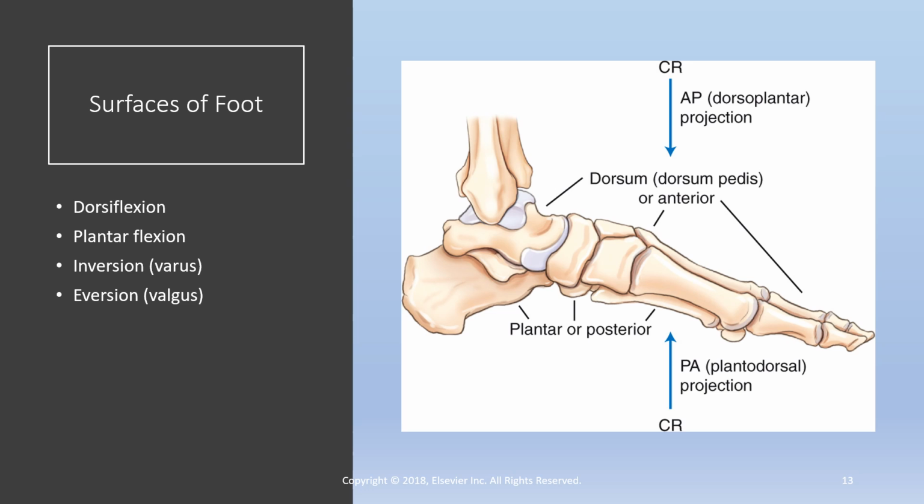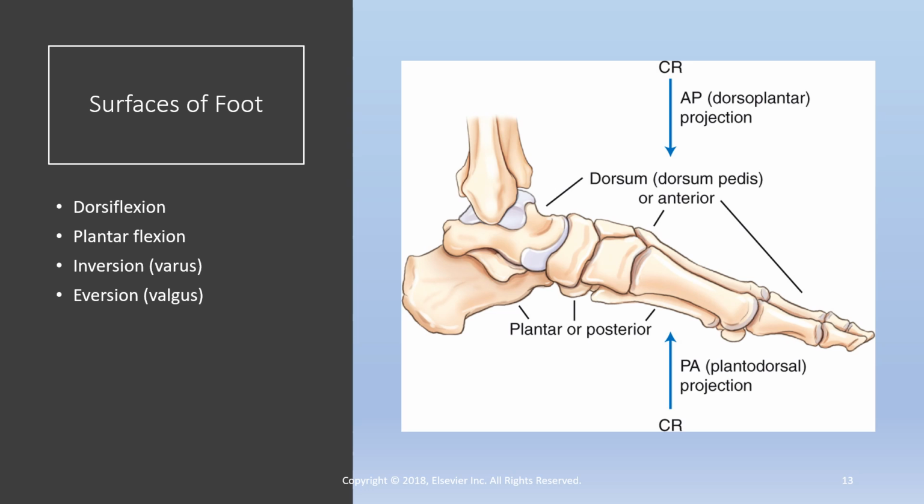When we look at the surfaces of the foot, you have the dorsal surface or the dorsum, which is the top or the anterior portion of the foot. I'm trying to correlate this to a page in your book.